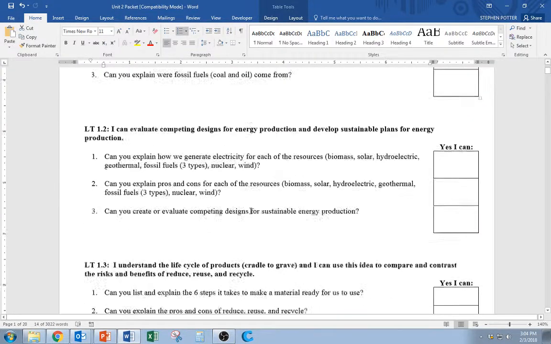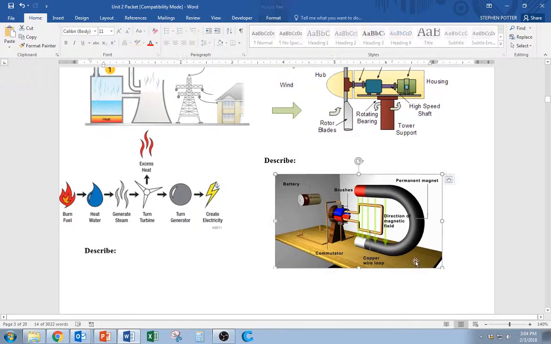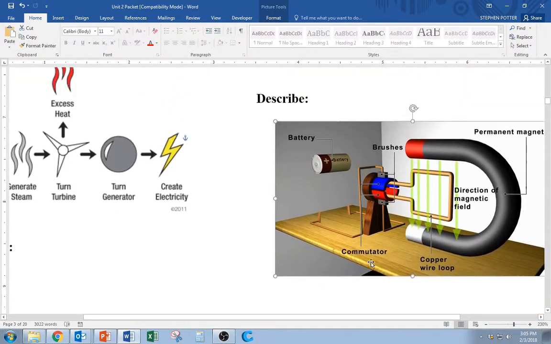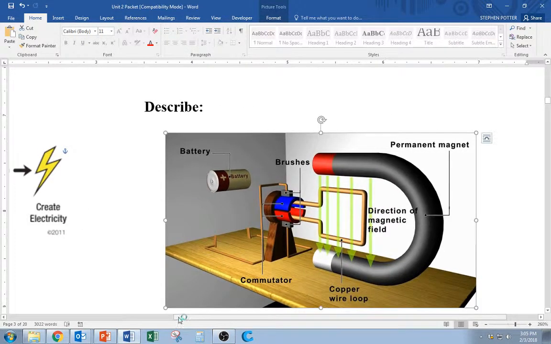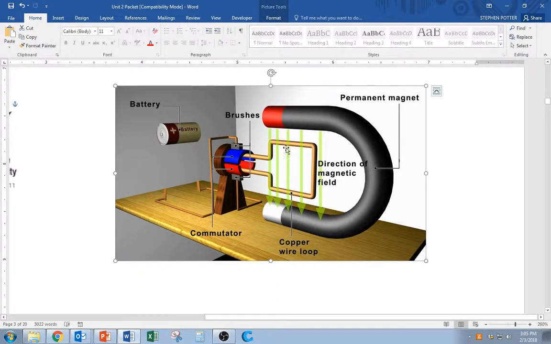This is how we started in class. We looked at how a generator worked. I had a little generator in class that gave a little bit of a shock if you touched two panels while we were spinning the generator. Basically, if you have a coil of wires inside of a magnet and you spin that coil of wires, you'll generate a current.